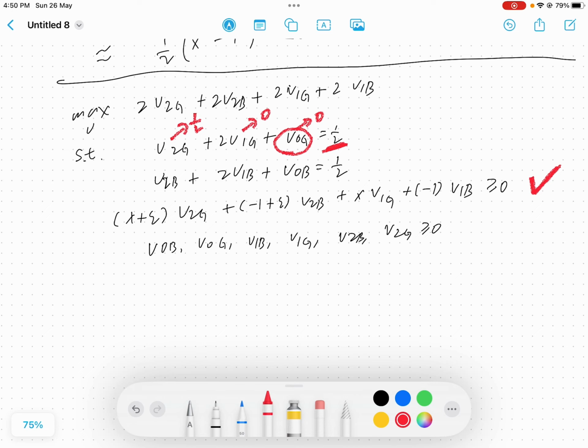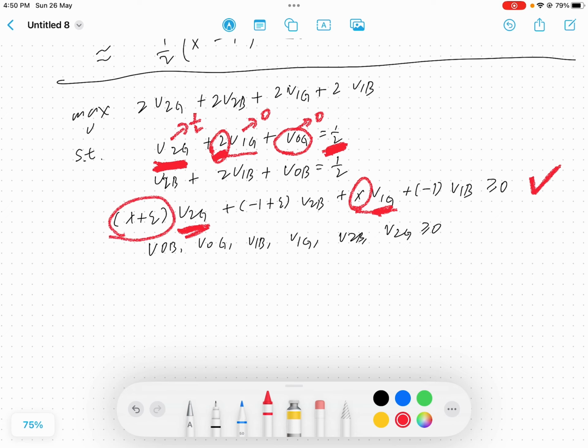That's the first part. The second part is that although we have both v2g and v1g in this inequality right here, we notice that v1g has a bigger cost, so we need 2 times v1g to enter this constraint. Namely, we can just allocate all those resources to v2g to be equal to 1/2, because v2g and v1g have the same coefficient here, right?